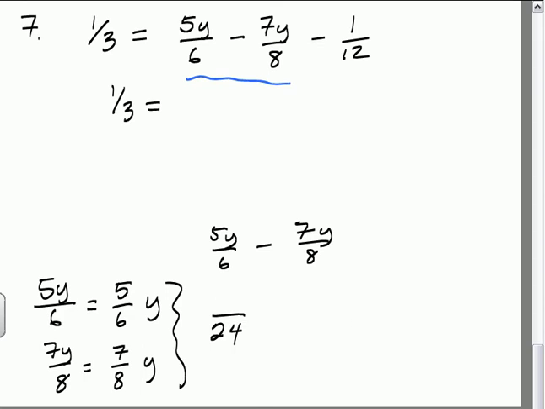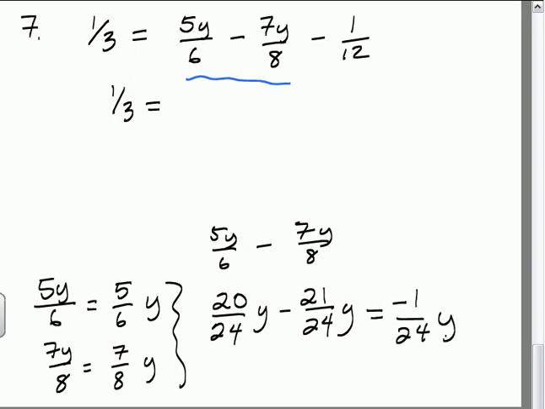For the first, I multiplied by 4, so I multiply 5 by 4 and get 20. And here, common denominator of 24, multiplied by 3. So all said and done, we're going to have negative 1 over 24 times y. So I'm going to write that in: negative 1/24 y minus 1/12.